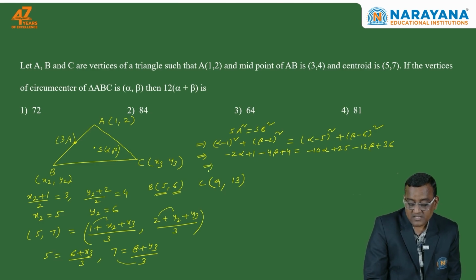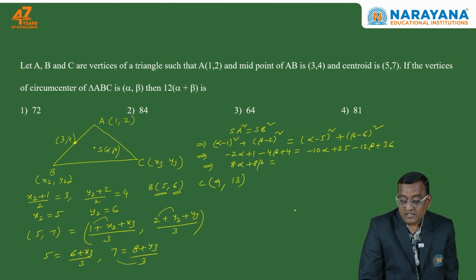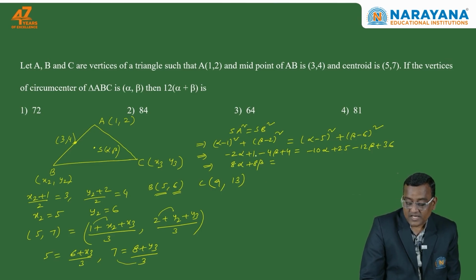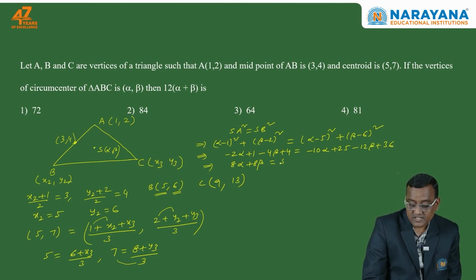So now, take minus 10 alpha this side, it is already minus 2 alpha, minus 2 alpha plus 10 alpha is 8 alpha, minus 4 beta plus 12 beta that is 8 beta, and coming to the constant, 25 plus 36 minus 5, it is 56. Now alpha plus beta is 7.